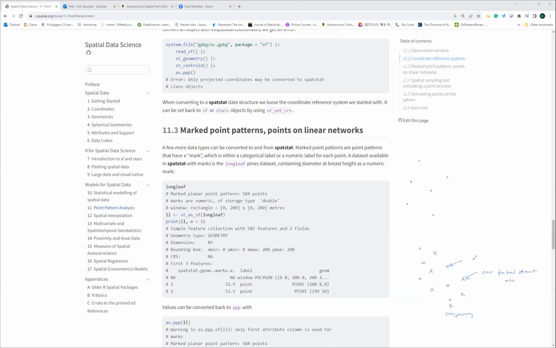Maybe we can say another type, maybe a bike accident point in this case. That means each point has an attribute. That's what is called the marked point pattern. Okay, so whenever you draw these kinds of points in a table, there is a location like latitude and longitude, and at the same time there is also an attribute column attached to each point to carry it.